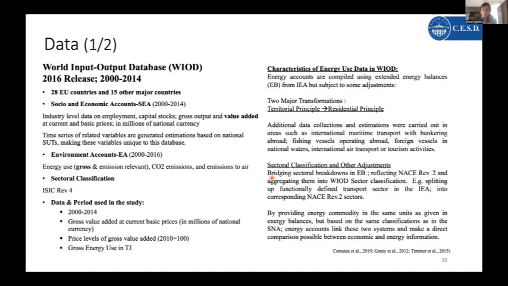The territorial principle, I think it's clear, but if you have questions, let me explain it later on. The other transformation is the sectoral classification. It bridges the sectoral breakdowns in the energy balance tables, splitting them into sectors corresponding to the major revision of the classification.